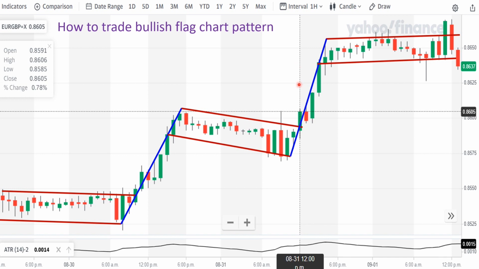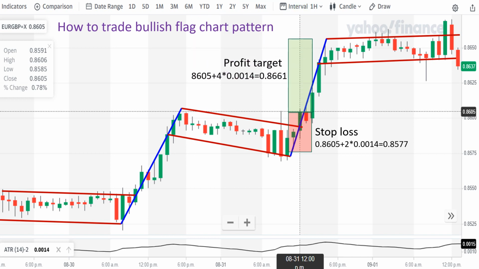And the second one is you put 1 ATR below the low of this bullish candle for stop loss and 2 ATR above the high of this bullish candle for profit target. So if I use the first method, this is going to be my stop loss and this is my profit target. So this is how to trade the bullish flag chart pattern.